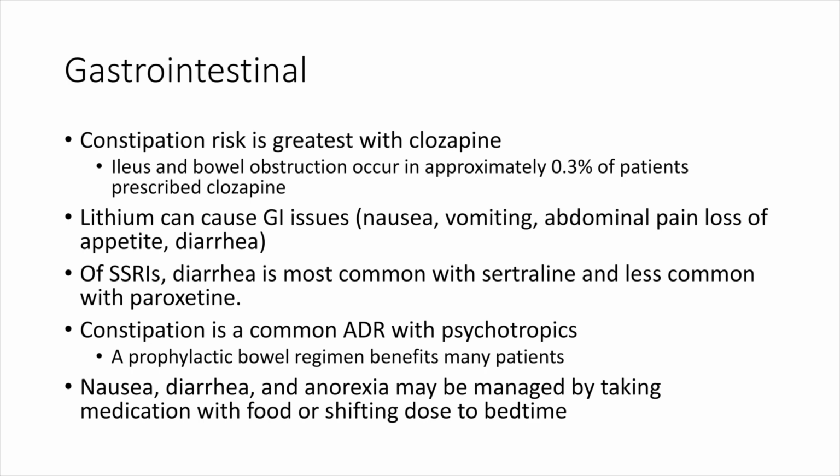Constipation is a common adverse drug reaction with psychotropics, as we talked about with a prophylactic bowel regimen already. Nausea, diarrhea, and anorexia are side effects that I saw can be managed somewhat by taking medication with food or shifting dose to bedtime.